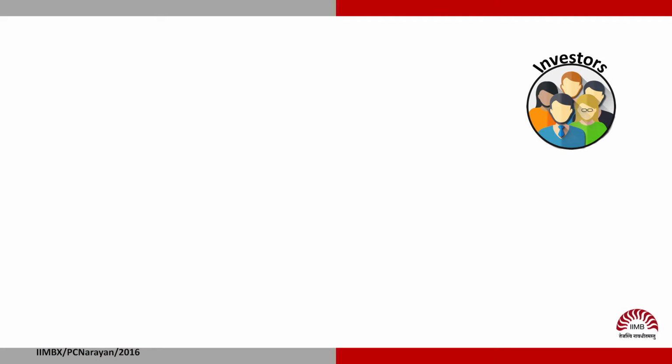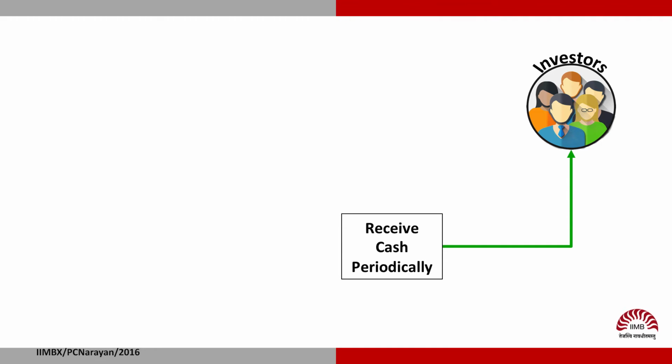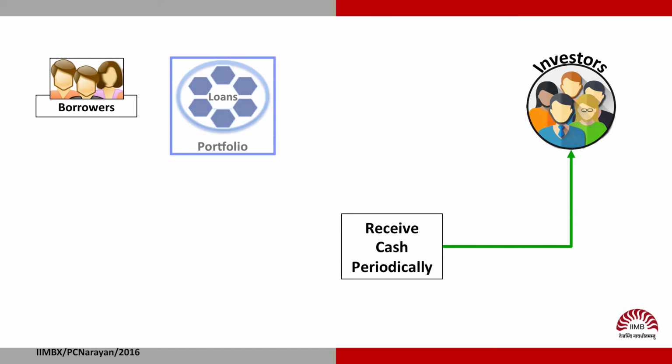In this session, we will look at the payment structures associated with securitization. Investors in a securitization portfolio will receive cash flows periodically whenever the borrowers whose loans make up the securitization portfolio meet their periodic loan repayment obligations.